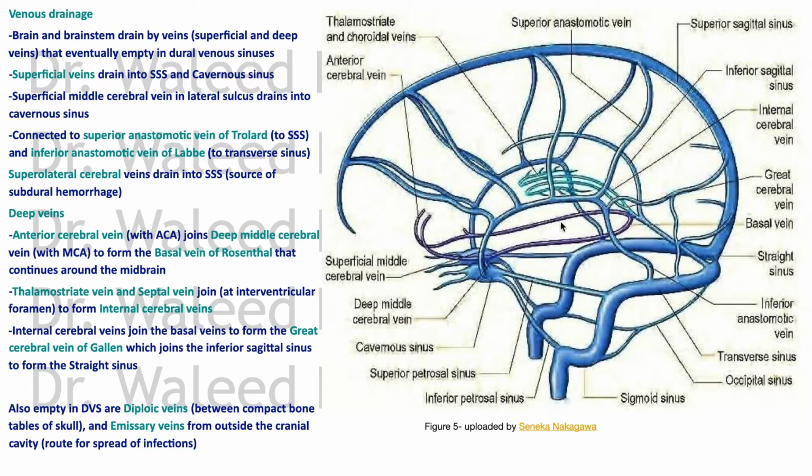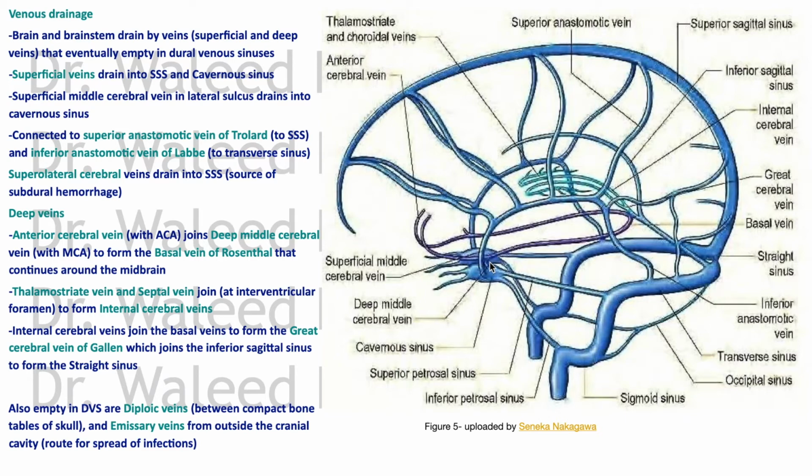The deep veins will eventually form a big vein, which is called the great cerebral vein of Galen. This short vein you can see here. Accompanying the arteries, the anterior cerebral vein unites with the deep middle cerebral vein in this case, not the superficial. Deep is not drawn here.